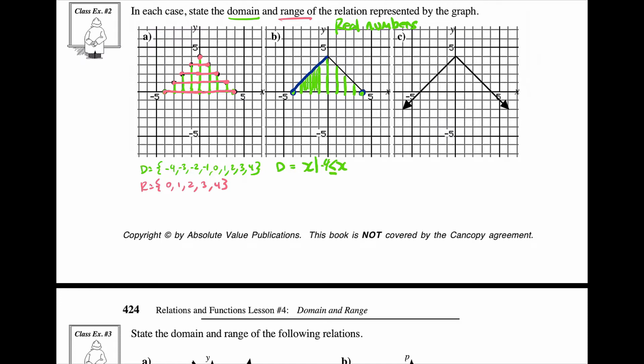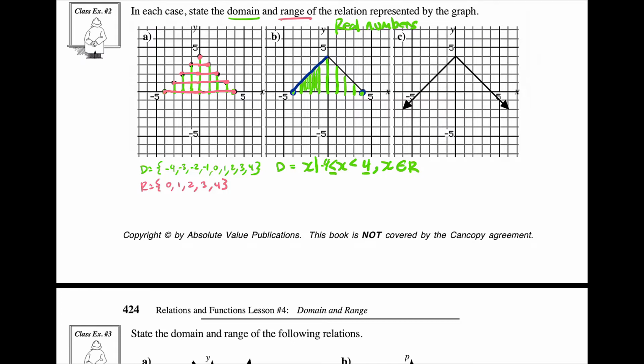So I put the little line below it. And it's going to be less than +4 and including 4. And I put a comma right here, and that reads such that x is a subset of all real numbers.